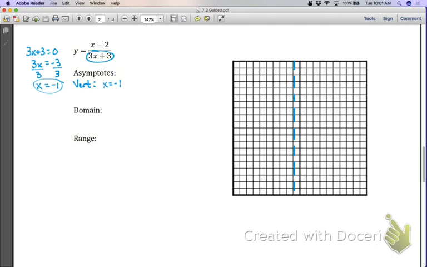My horizontal asymptote then is just a matter of taking the two numbers that are in front of my x. What number is the coefficient on the top side? 1. So what's my horizontal asymptote? One over 3.